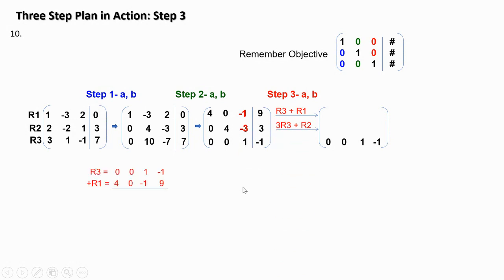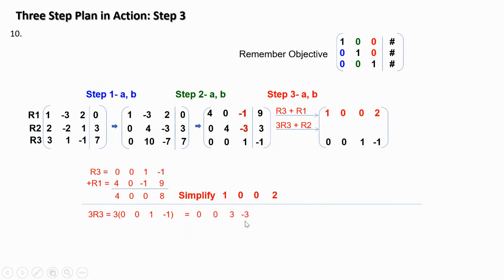And here's my work. We have 4, 0, 0, 8, and we simplify, because we want this to be a 1. If we divide everything by 4, it's going to give us 1, 0, 0, 2. So that's my new row 1. Then I repeat the process. So 3 row 3 is going to give us 0, 0, 3, negative 3, plus row 2.